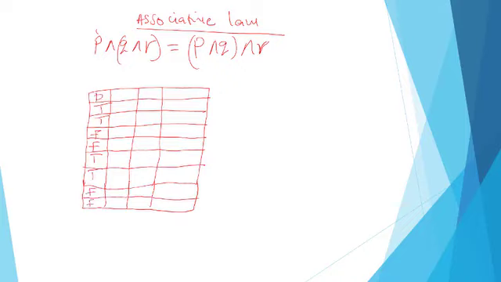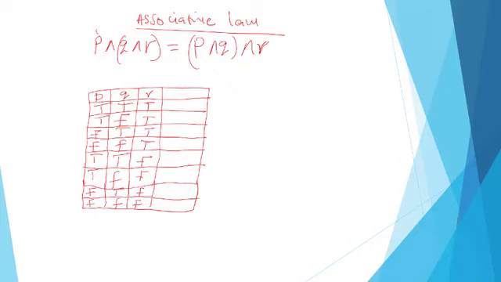This is P. Then our Q becomes false, true, false, true, false, true, and false. Now the other one becomes R: true, true, true, true, false, false, false, false.